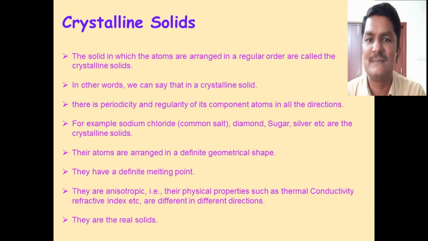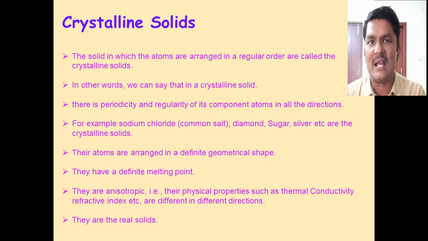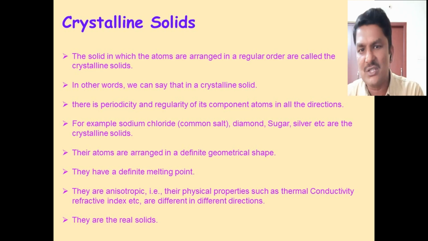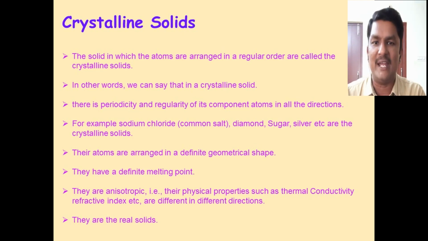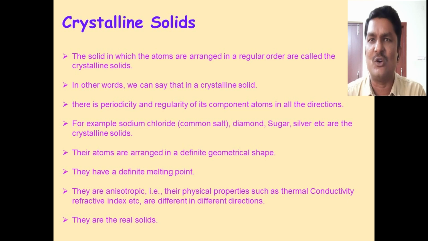Crystalline solids. What is meant by crystalline solid? The solid in which the atoms are arranged in a regular order is called a crystalline solid. Once again, I repeat, students. The solid in which the atoms are arranged in a regular order is called a crystalline solid.